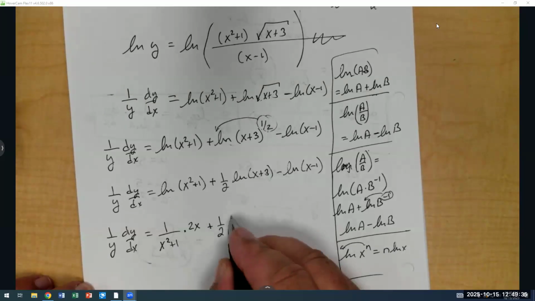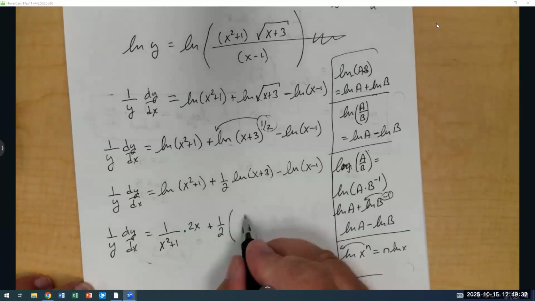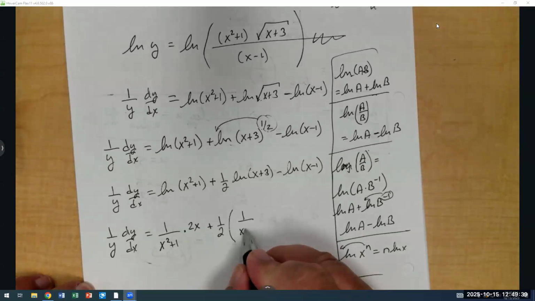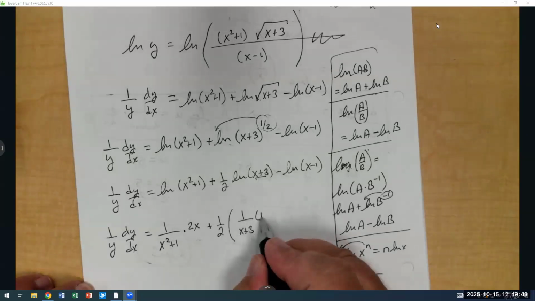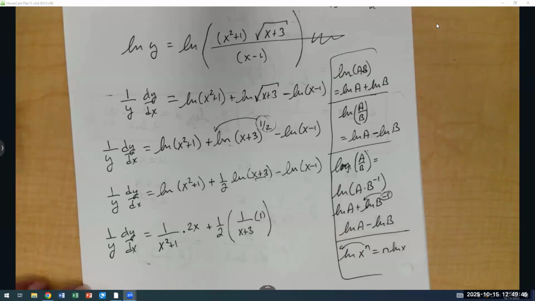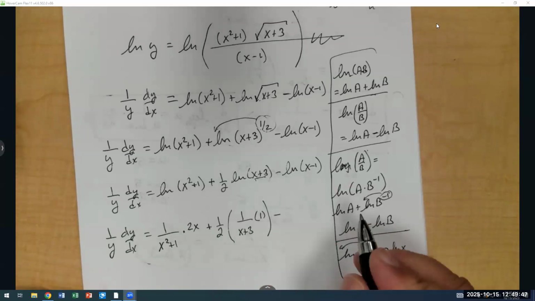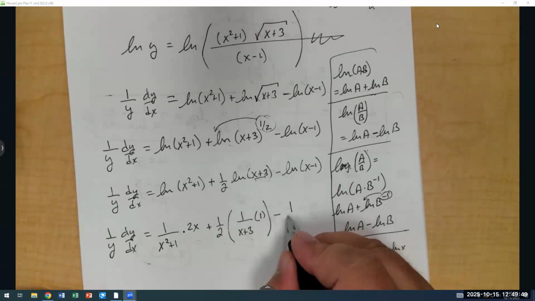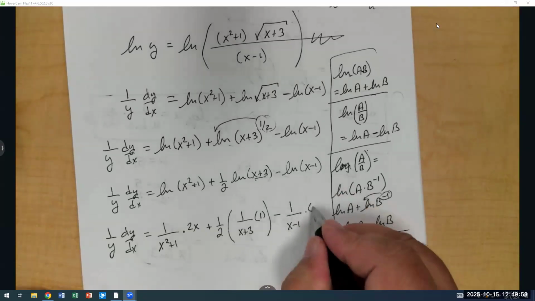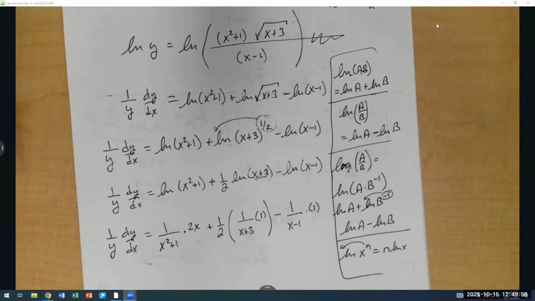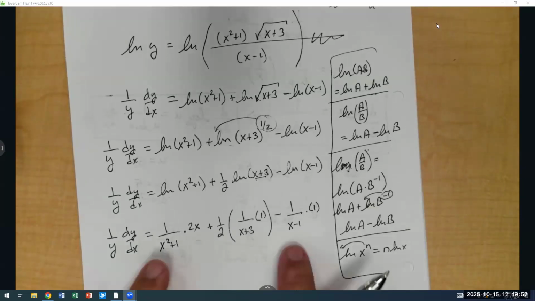Plus 1/2. Same thing here. 1 over x plus 3. The derivative of x plus 3 is 1. Minus 1 over x minus 1 times the derivative of the inside, which is 1. Much easier, isn't it?